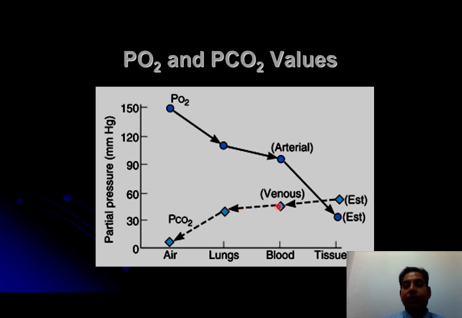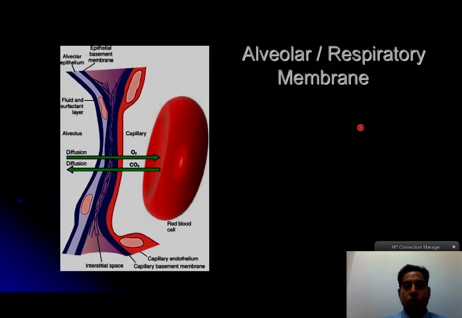At the blood, it is at a slightly higher level, whereas it is more in the case of the tissues. So you find that the gradient favors the movement of oxygen from the air into the tissues, whereas the gradient favors the movement of carbon dioxide from the tissues to the air simply because of the changes in the partial pressure of carbon dioxide and oxygen.